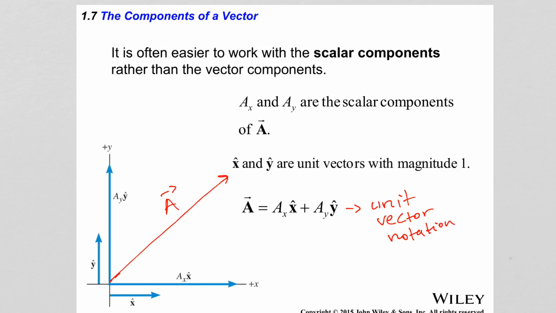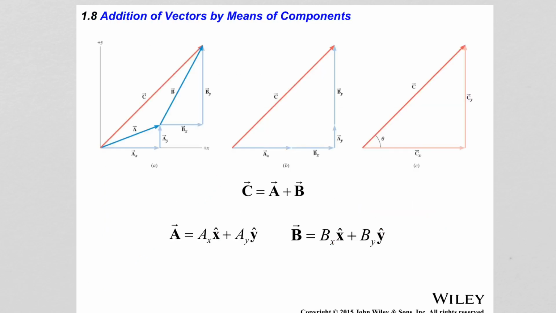Now that I have a recipe of how to present any vector in space in unit vector notation like so, I can easily add two vectors that are randomly oriented in space. So here is the example. I am adding vectors A and B, which are randomly oriented in space.